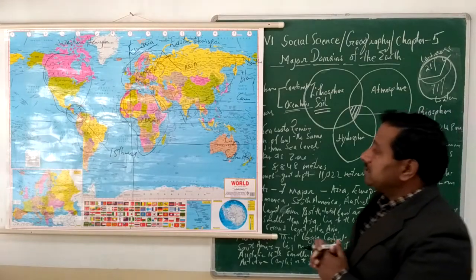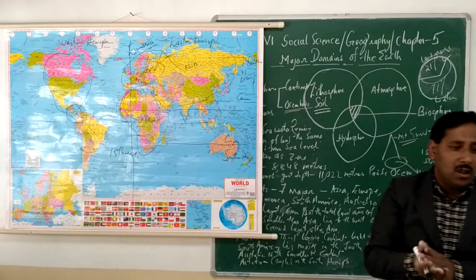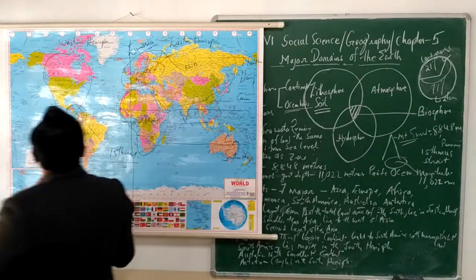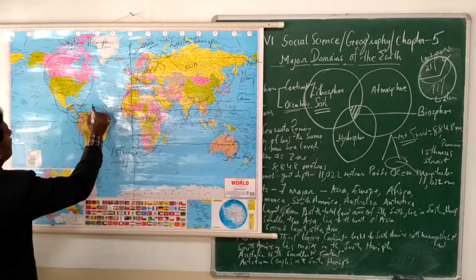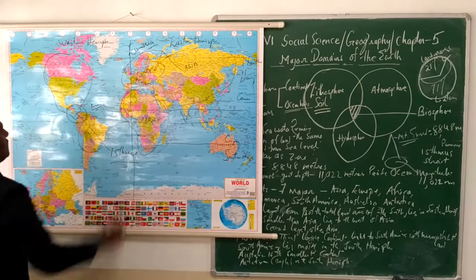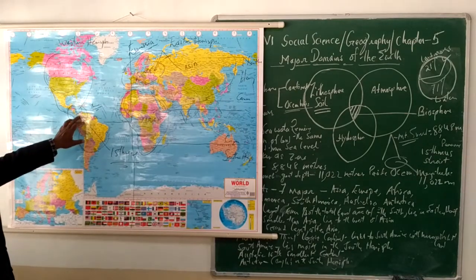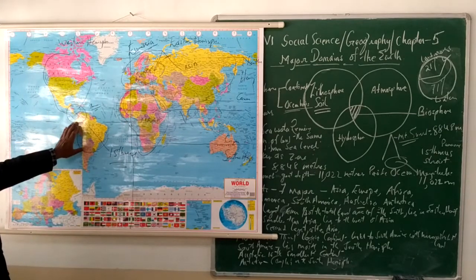I-S-T-H-M-U-S. That is your isthmus. And this narrow stretch of land over here is known as the Panama Channel, or near the Gulf of Panama. This is your isthmus.